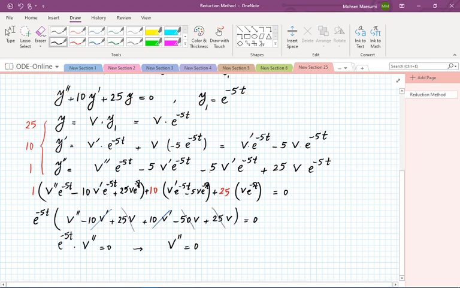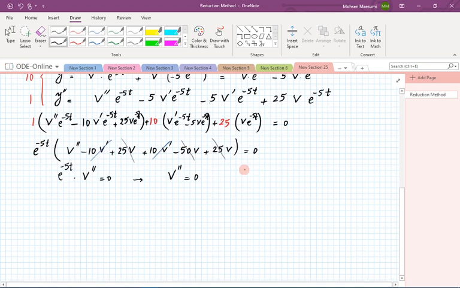If you remember, we have already solved the solution of v double prime equal to 0? Maybe you want to take a second and tell me what is the solution. So in this simple problem, you can just immediately tell me what v is. I hope everybody can tell me what v is.